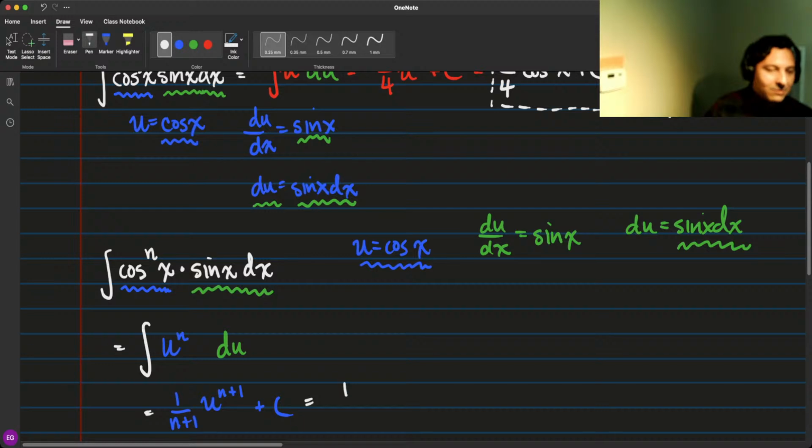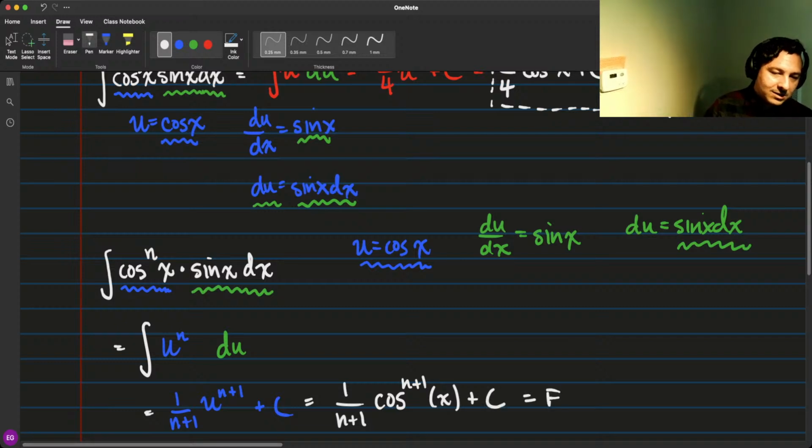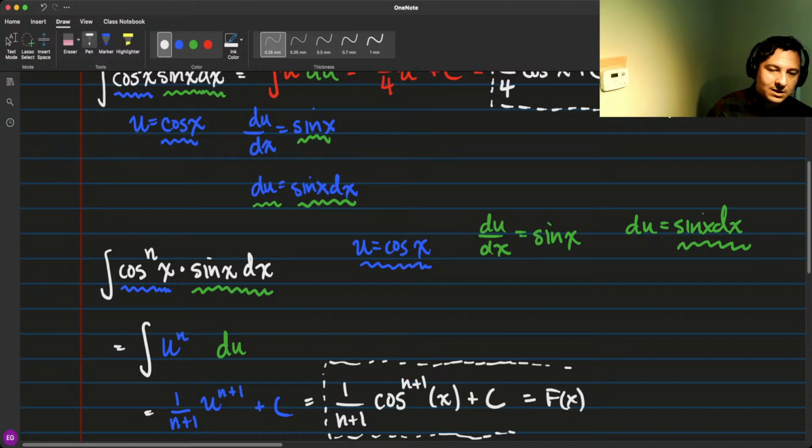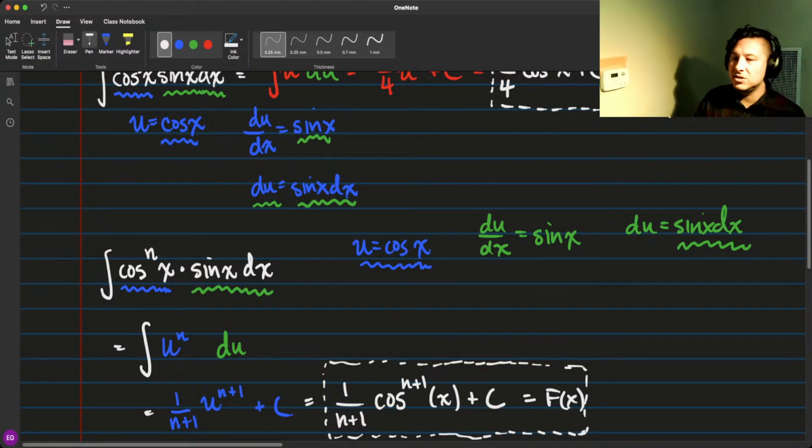My u is cosine, so I'll get 1 over n plus 1 times cosine to the n plus 1 x plus c. So this will work as long as you have cosine to a power multiplied by sine.